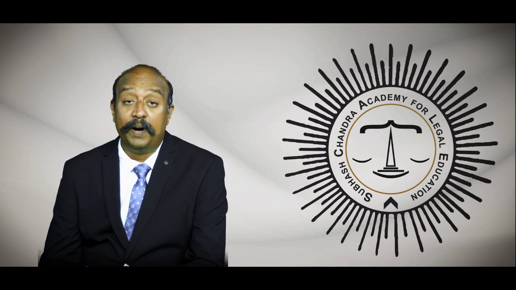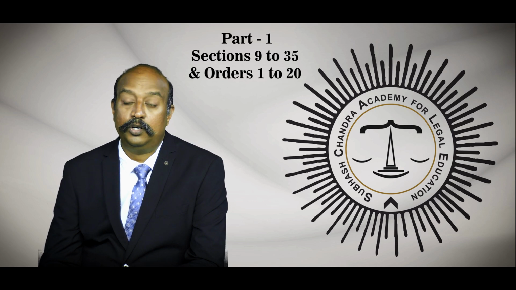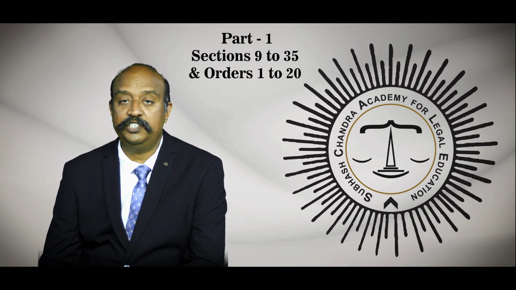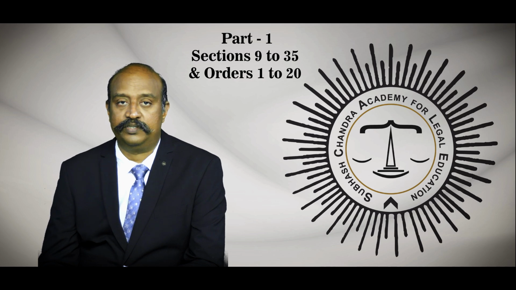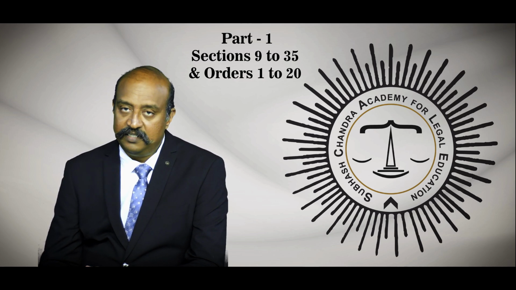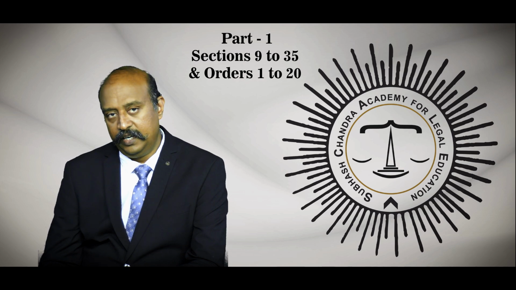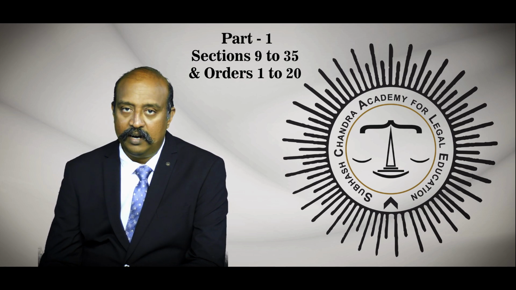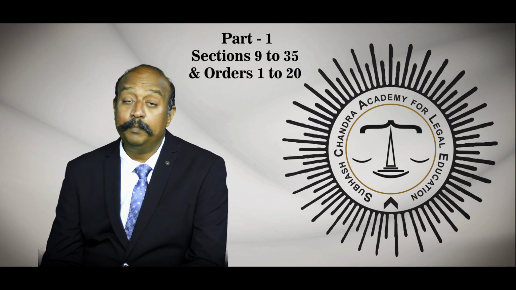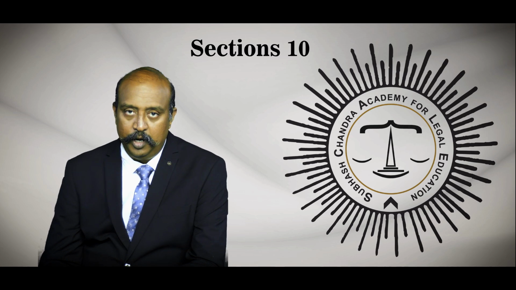Part 1, Sections 9 to 35B and Orders 1 to 20 of the first schedule deal with suits. Section 9 enacts that a civil court has jurisdiction to try all suits of a civil nature unless they are barred expressly or impliedly. Section 10 provides for stay of suit.